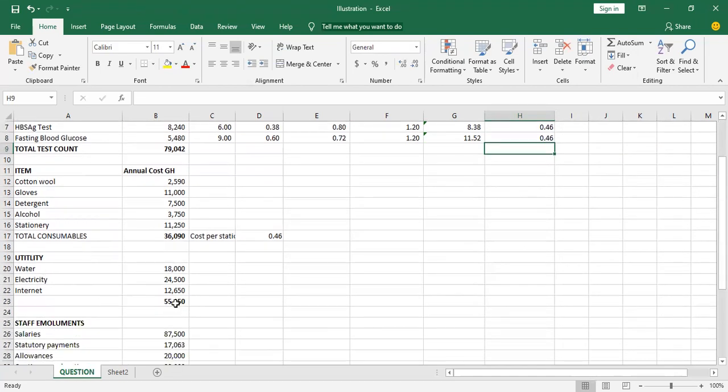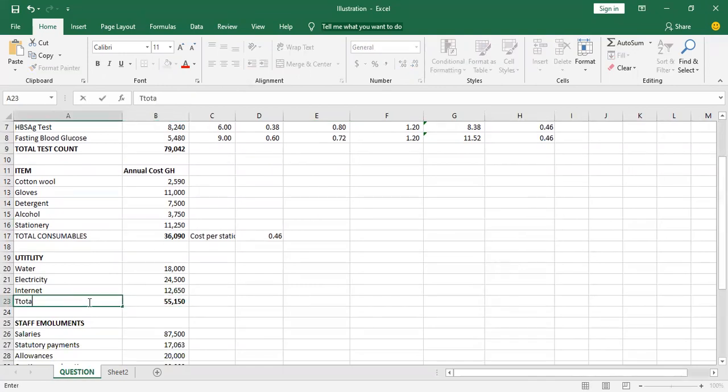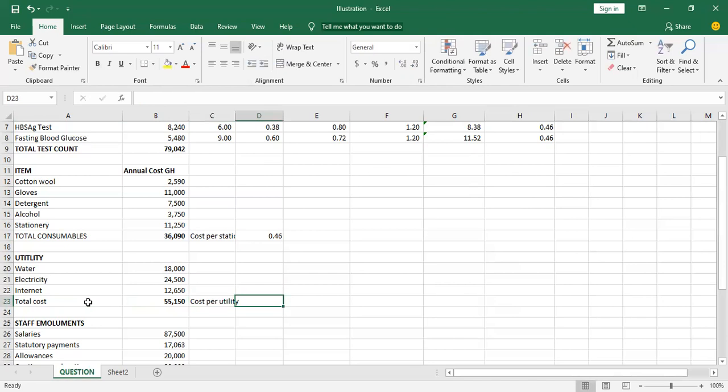Then we move to utility. Total cost of utility is 55,150. So we are looking for cost per utility, which is total costs divided by total test count, and that gives us unit cost for utility.